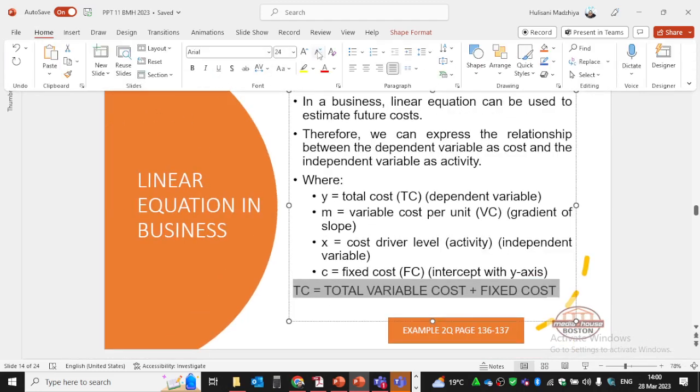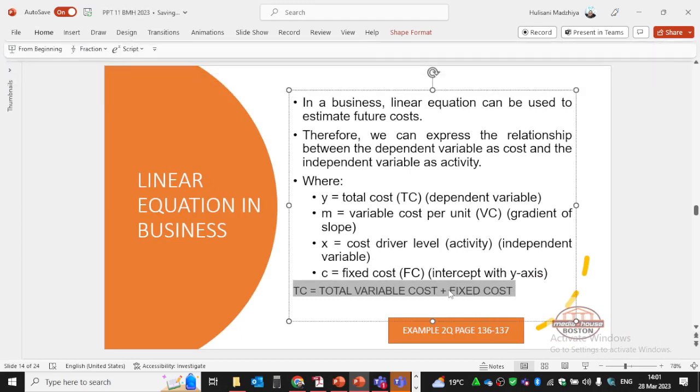Just a moment so that I can make sure that everything fits within here. So we are saying that your total cost is equal to total variable cost plus total fixed cost. Variable costs in manufacturing or in a business are costs associated with the manufacturing of a product or bringing the product into the business.